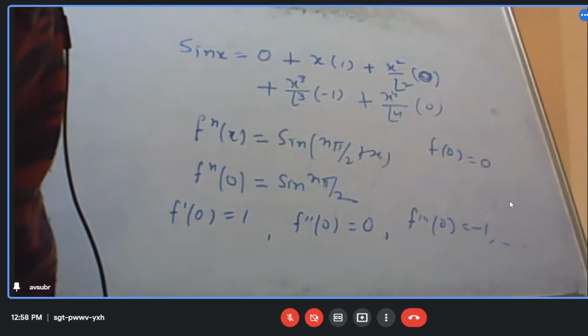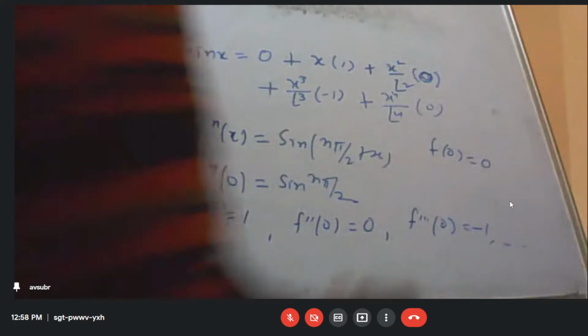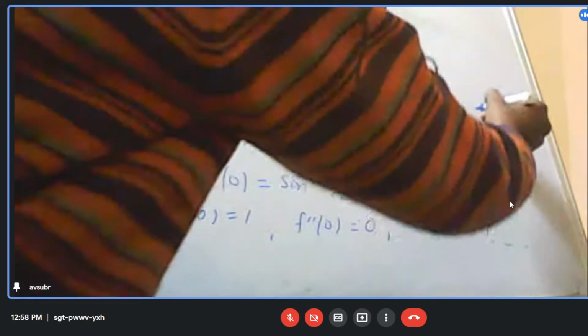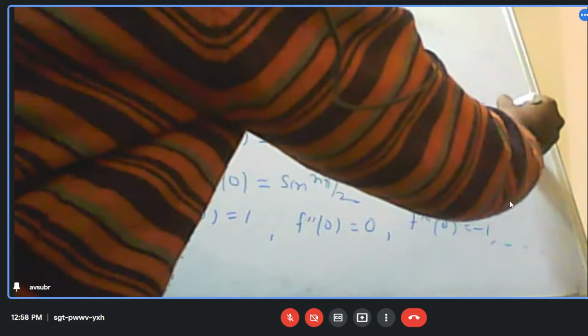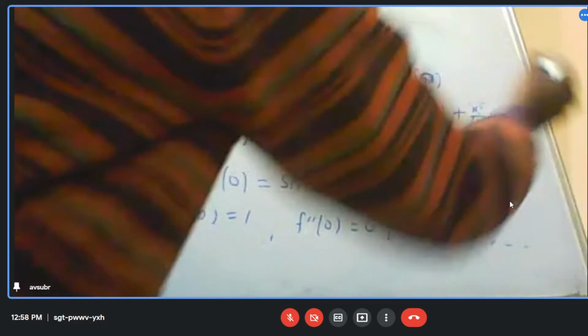So a plus minus series will be there, meaning an alternating series, x to the power 5 by factorial 5 into 1, and so on and so forth.